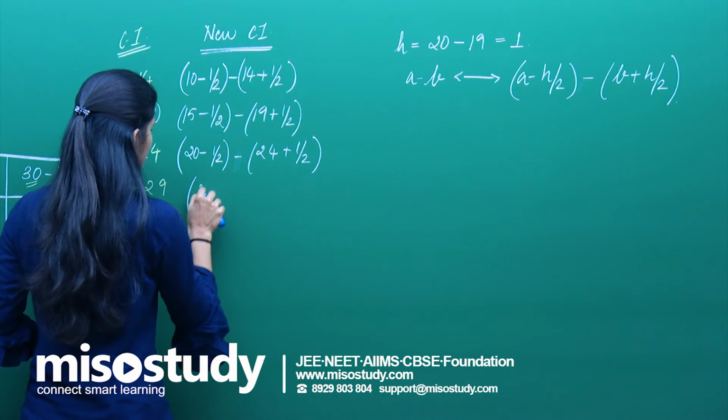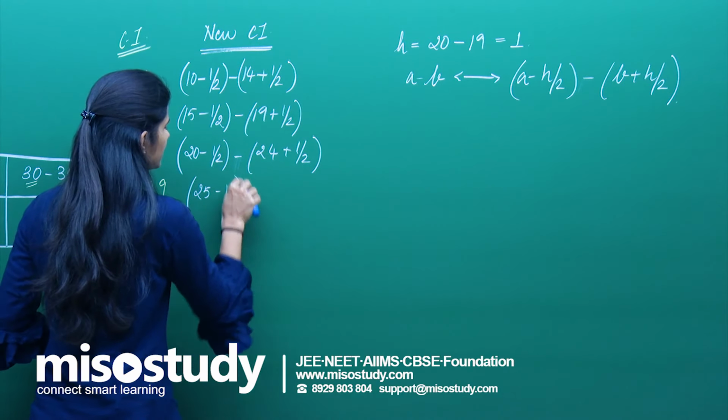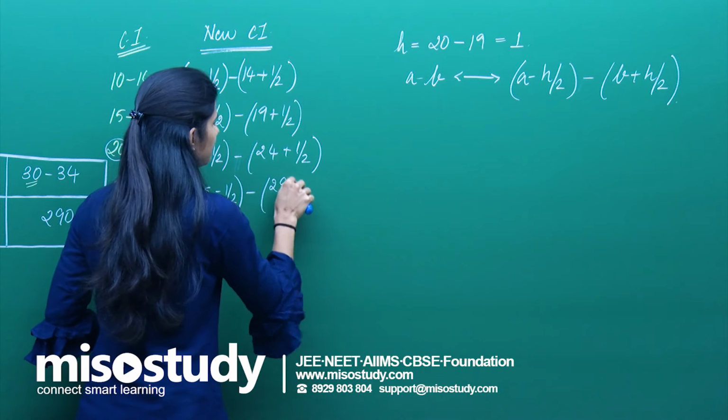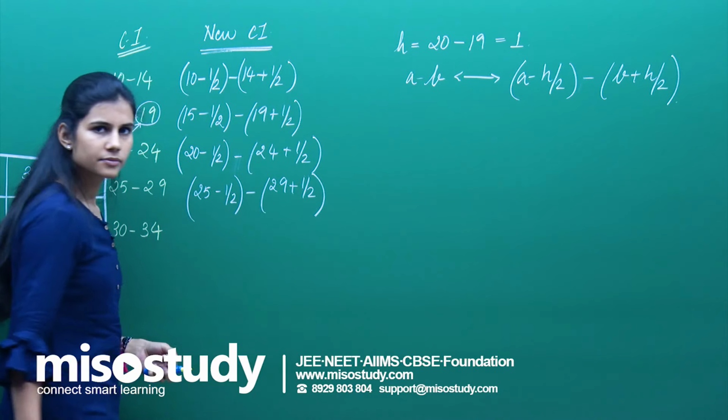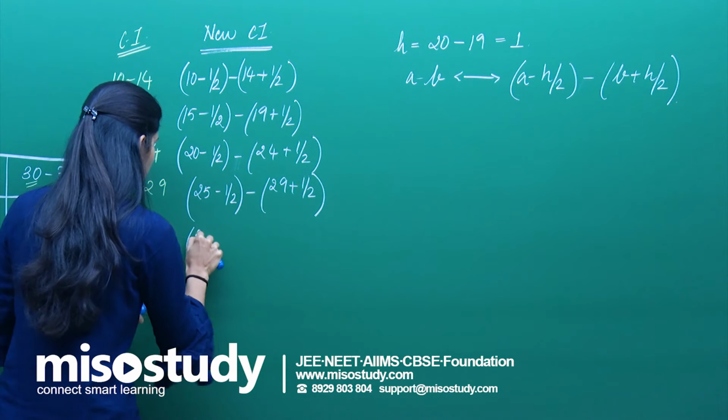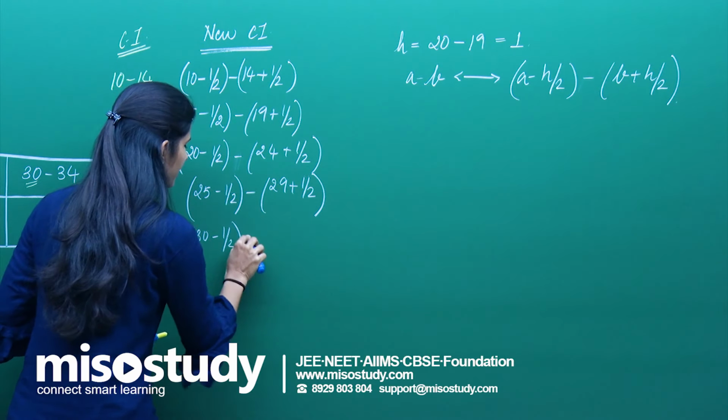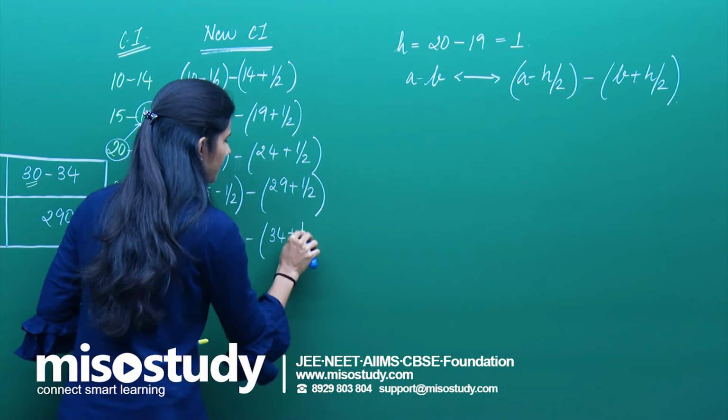This will be 25 minus 1 by 2 to 29 plus 1 by 2, and this will be modified to 30 minus 1 by 2 to 34 plus 1 by 2.